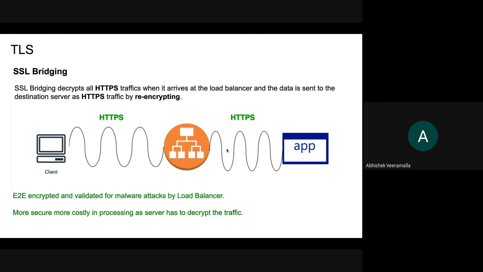But here, because the decryption is happening and the load balancer is reading the packet, if it identifies that there is malware, it simply aborts the request, or depending on the way that you have configured your load balancer, it can say, okay, I don't understand this request. It looks malicious, so I'm not processing or sending this request to the server. Your load balancer can do that for you. It is very secure, but again, whenever security comes into the picture, you have a lot of things happening.